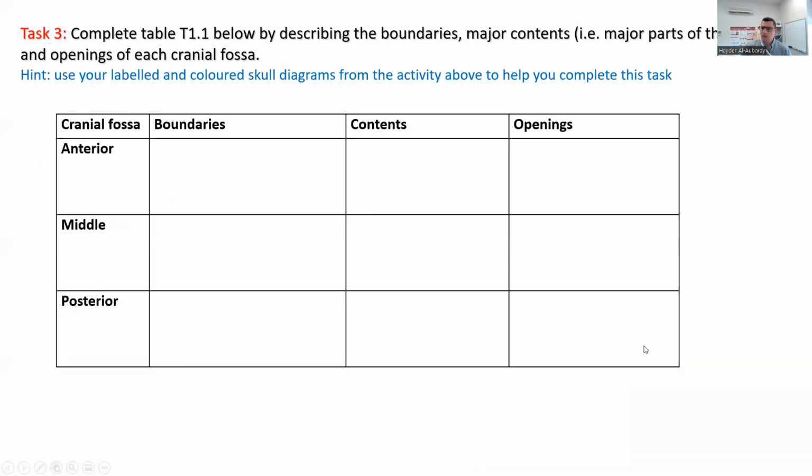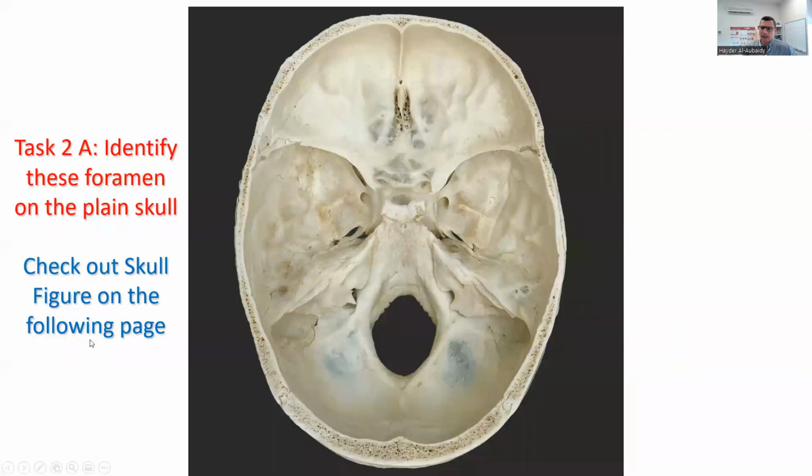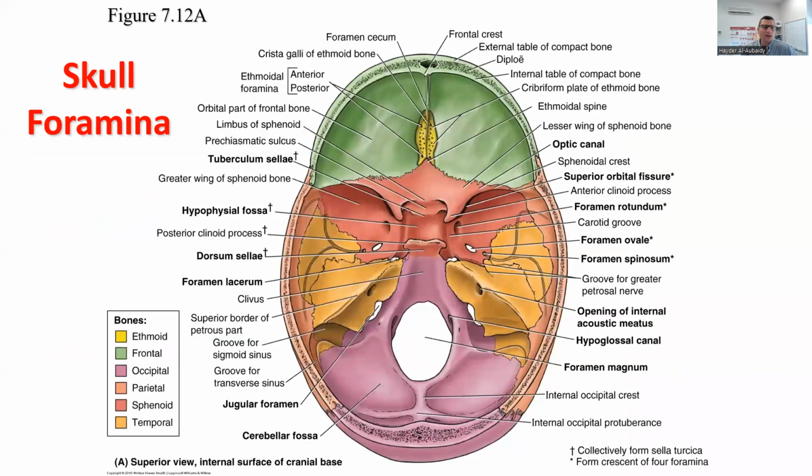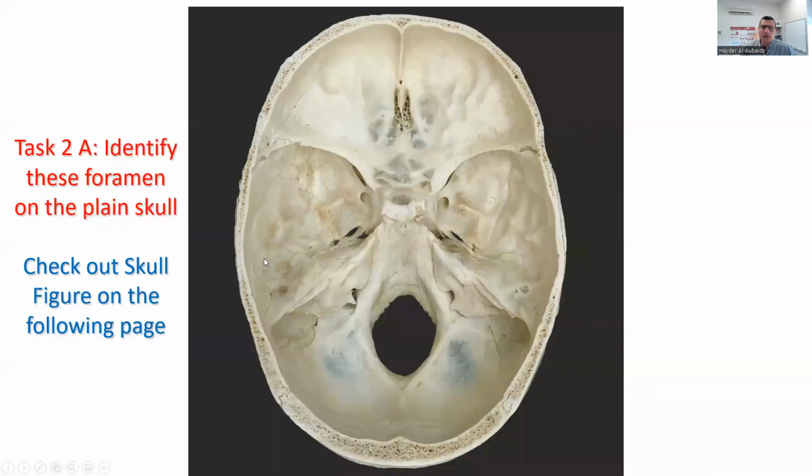Okay, let's move to the next one. The next topic is the main cranial fossae, the 3 cranial fossae: the anterior, middle, and posterior, which are the ones we have identified here. If you look at the colored one, these are the boundaries between the anterior, middle, and posterior. If we use the plain one as an example with a different color, this is the landmark between the anterior and middle, and that is the landmark between the middle and posterior.